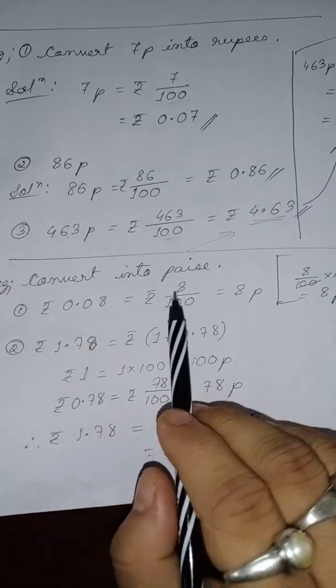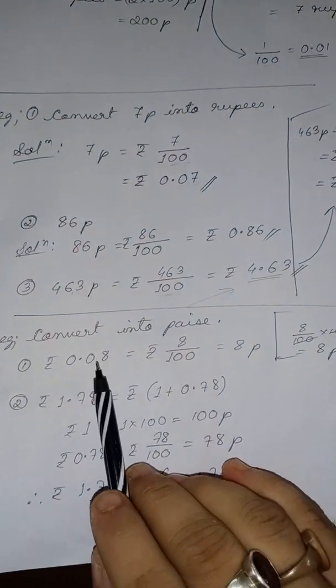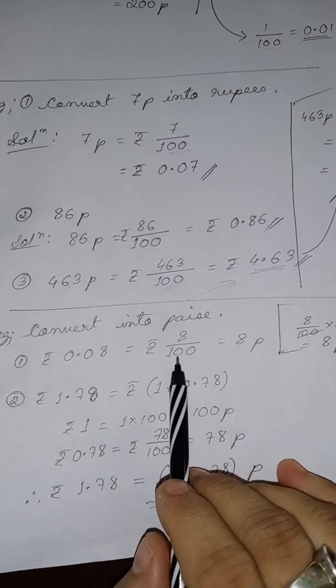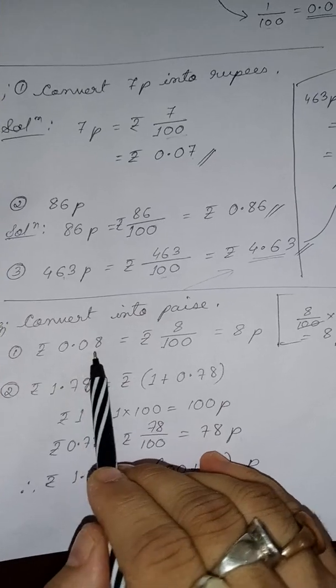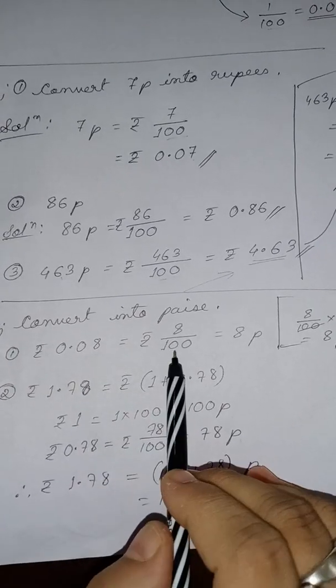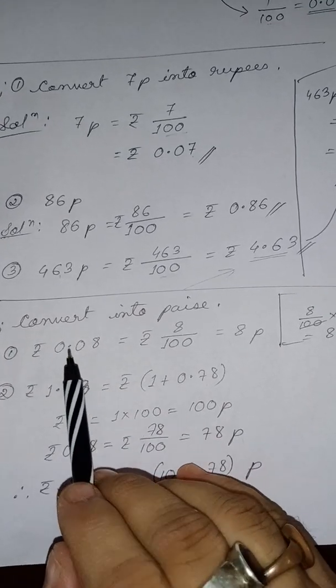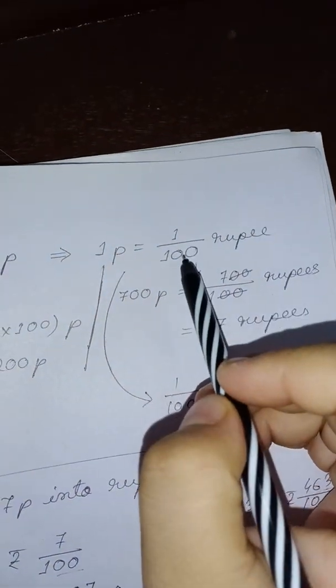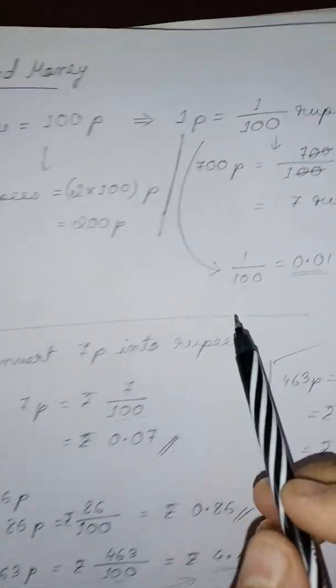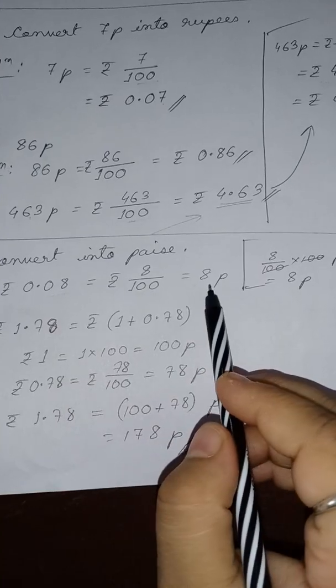So what I will do is that, as I know 0.08 means 8 by 100, okay, because there are two decimal places as you can see. So if I write 8 here, then down you will get 100 because there are two decimal places after the decimal. So 8 by 100. Now 8 by 100, see, 1 by 100 means 1 paisa, then 7 by 100 means 7 paisa, so 8 by 100 means 8 paisa.